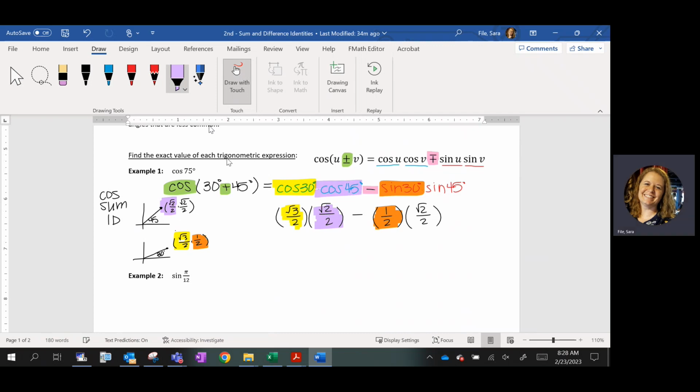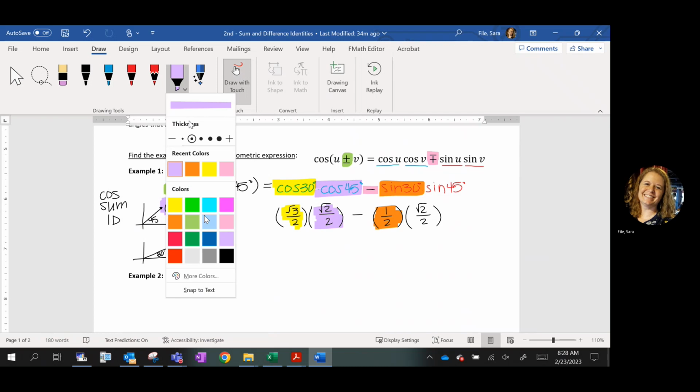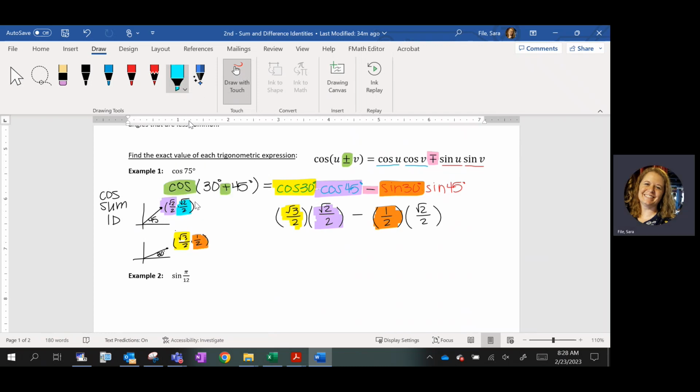Sine of 45. And sine of 45. So that's where all those numbers came from. Is everybody okay with that? They came from the unit circle ordered pairs. Good? All right, so now we're going to evaluate.